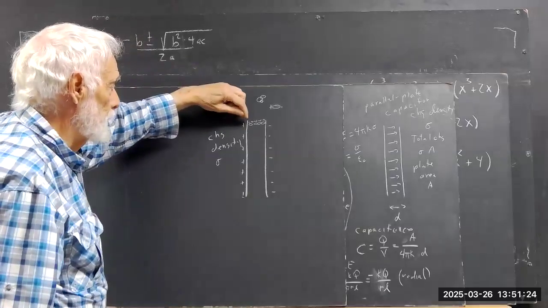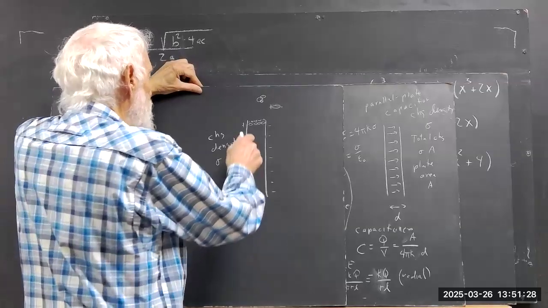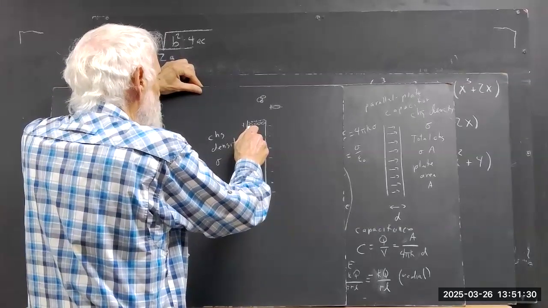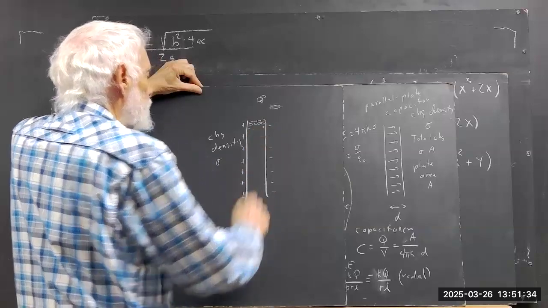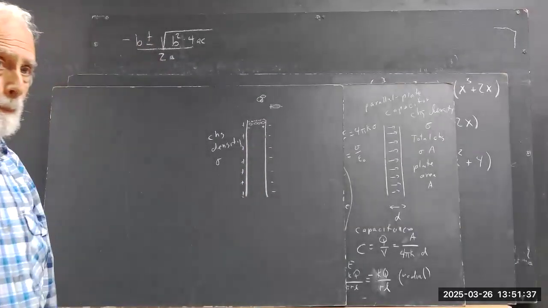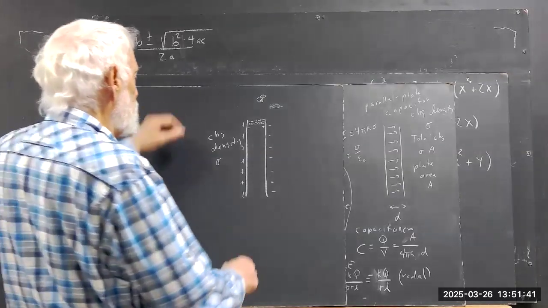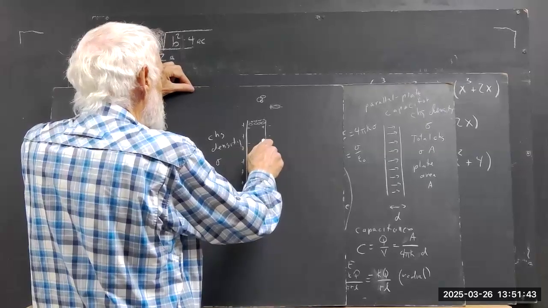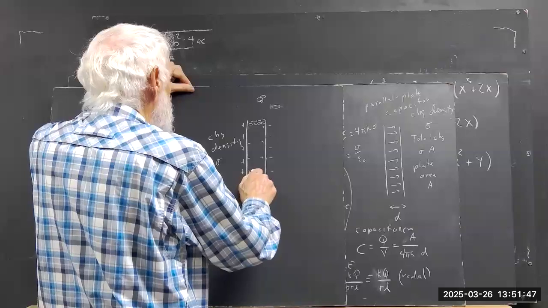I've just written a negative, positive, negative, positive, negative, positive, negative, positive. The end result is that you have negative ends of the molecules here and positive ends here. So now it's as though you have a bunch of negative and positive charges opposing the positive and negative charges.